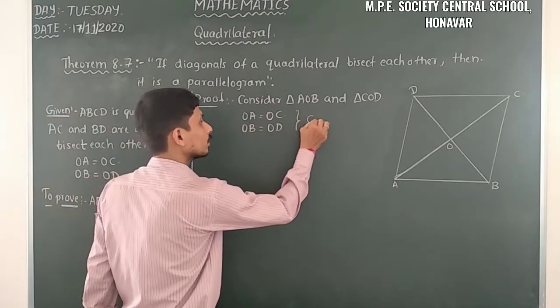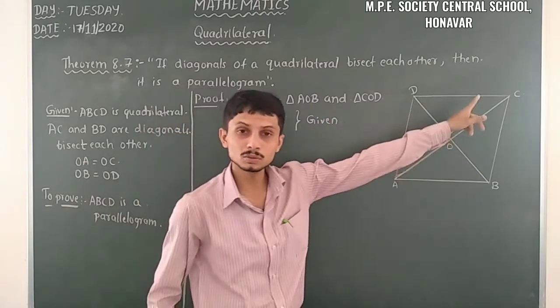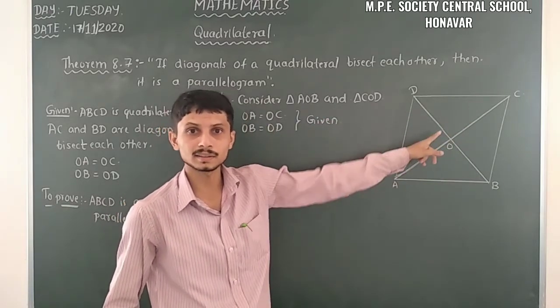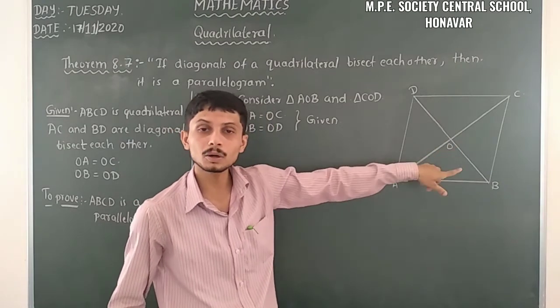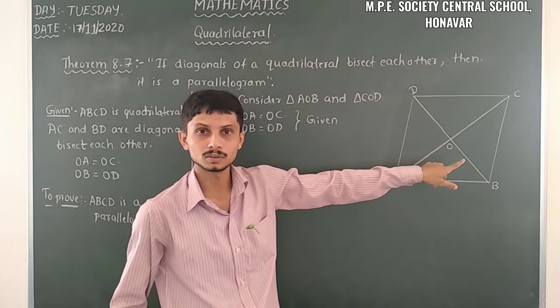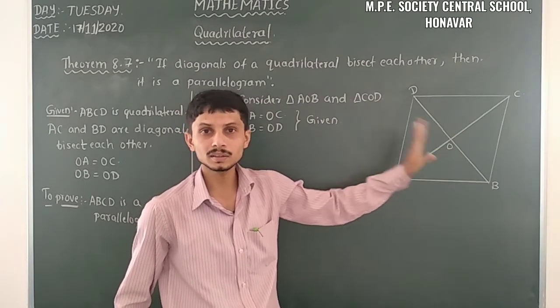These two are given things. Here just observe these two diagonals are intersecting lines, so we have one pair of vertically opposite angles equal. We can take those two angles as corresponding parts.